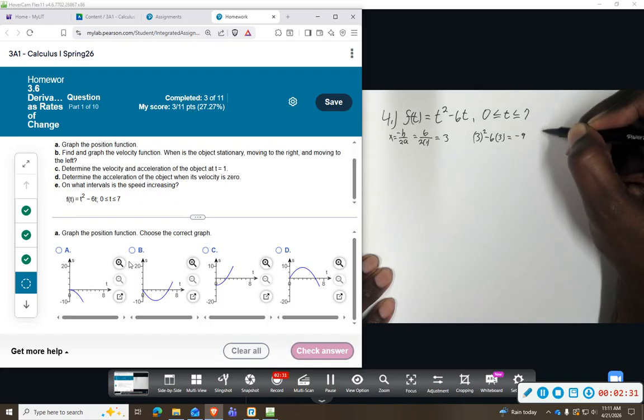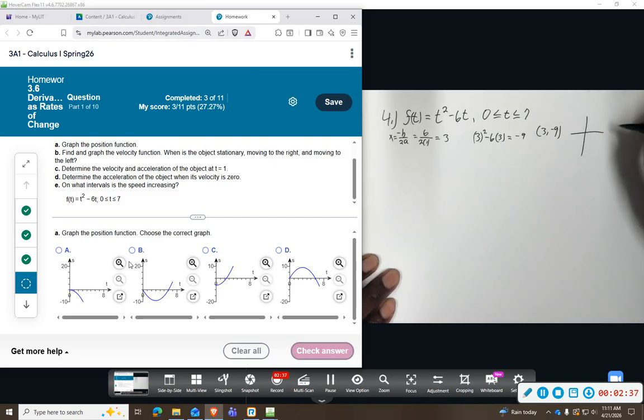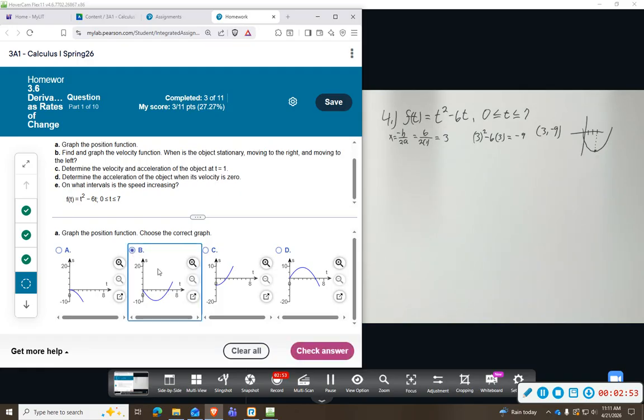So we're looking at the ordered pair 3, negative 9 to be our center point. Looking for my parabola to be going that direction, and the closest one, because it's opening up, would be B.